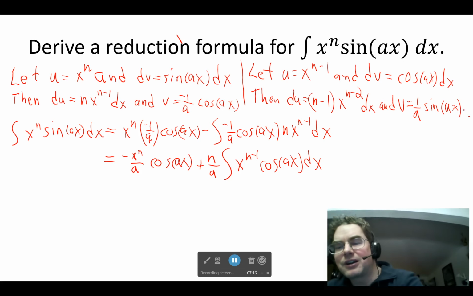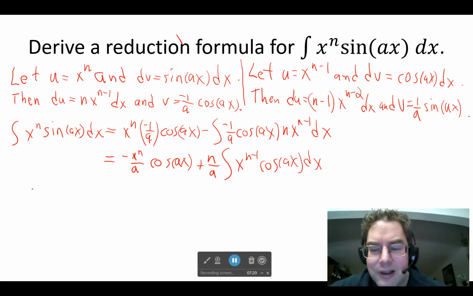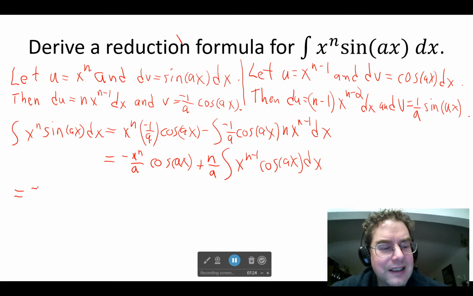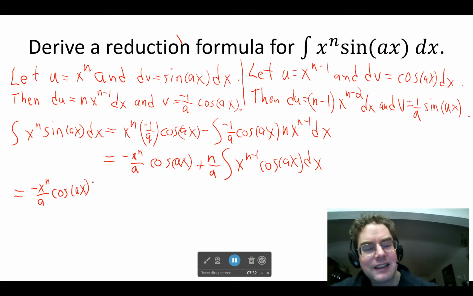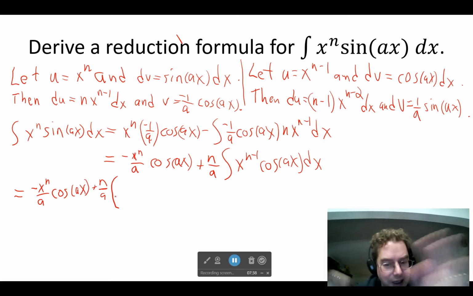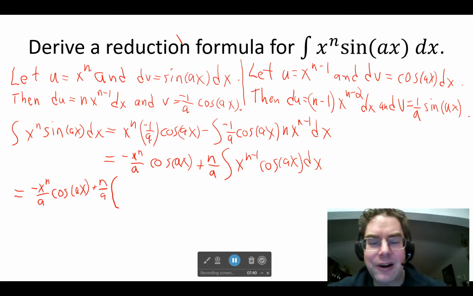Okay, so there are our u and our dv this time. Let's put it all in here again. Maybe I better move over here to leave more space. So we got negative x to the n over a cosine ax. That part is just along for the ride. We also have this n over a, which is going to stay out here. It's going to be multiplied by everything that we get from our second application of integration by parts.